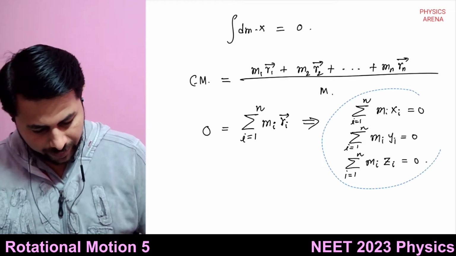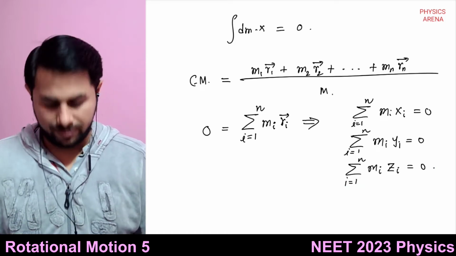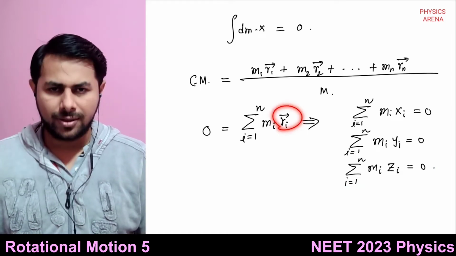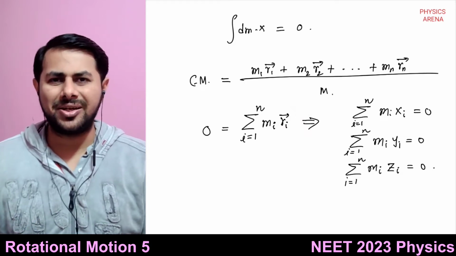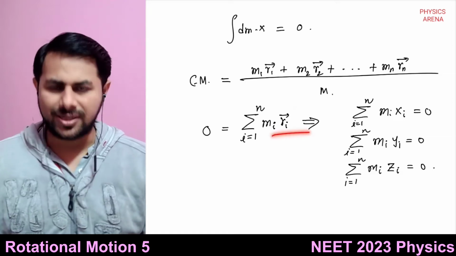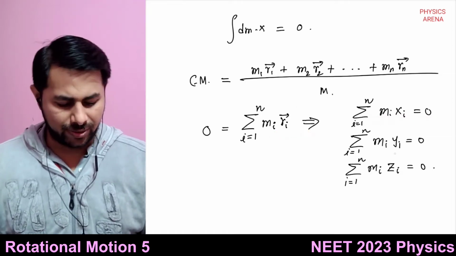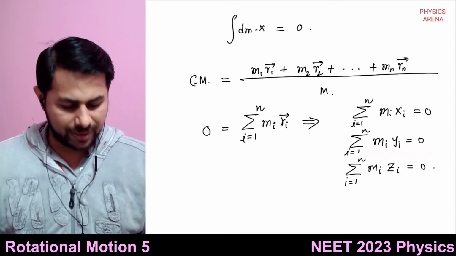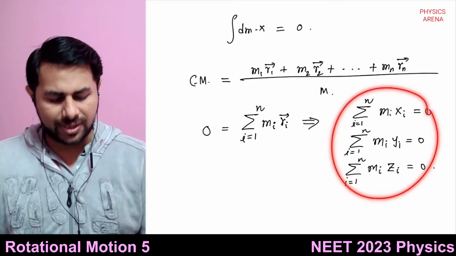All of them are 0 because a vector cannot be equal to 0 if one of the components of that vector is non-zero, right? So all components are 0. So the summation of mi xi is equal to 0, the summation of mi yi is equal to 0, and this thing is also equal to 0. This is for discrete mass.